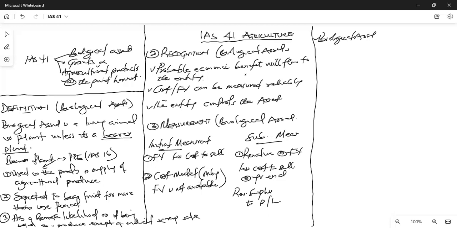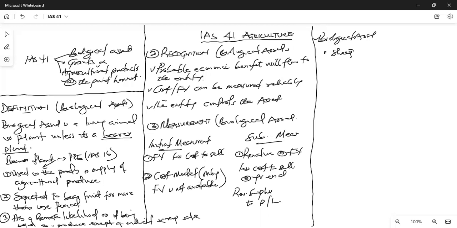Okay, that is it. As for the bearer plants, we have the vines, the tea bushes, and other trees that may be classified as PPE under bearer plants. So you could see that there are so many assets that could be here. It's about the intention. Okay, so take note.